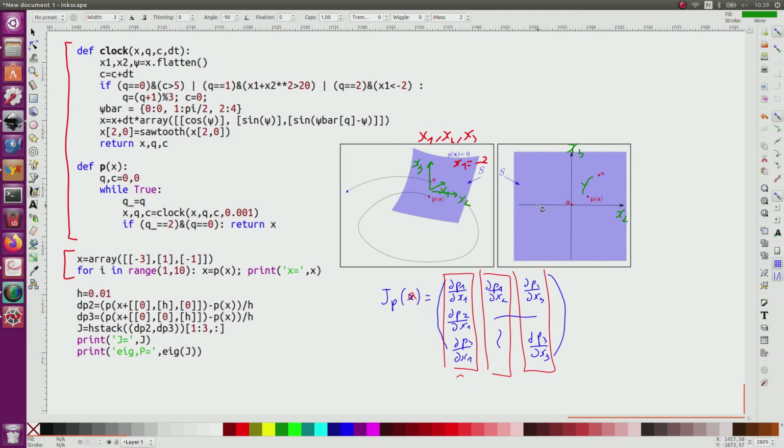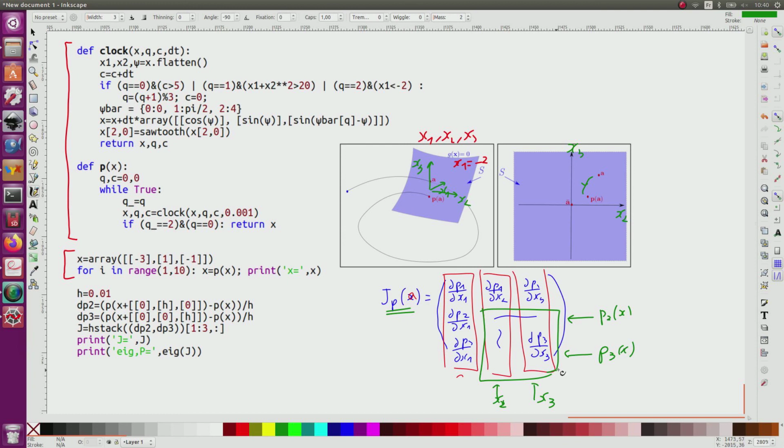What I compute by a difference method is usually the Jacobian matrix, from R3 to R3, and I am only interested in this part, which corresponds to a projection on the x2, x3 space. So this corresponds to x2, x3, the second components p2, p3 of the Poincaré map.